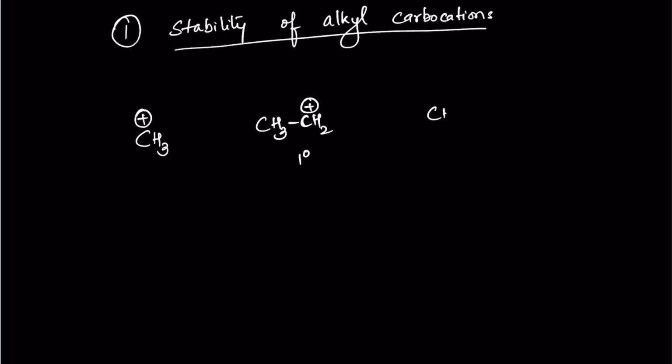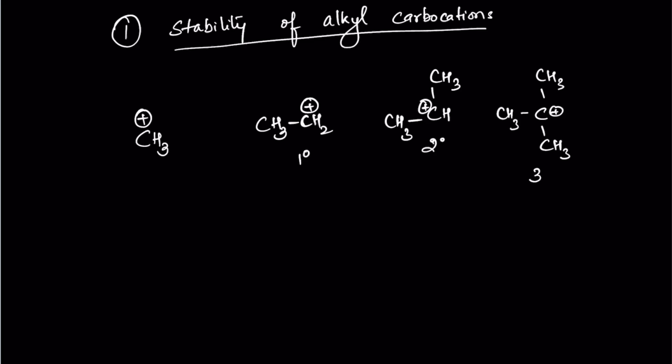Similarly, if we have CH3CH+, this is a 2-degree carbocation, and we also have CH3CH3CH3+. This is a 3-degree carbocation as this carbon is attached to 3 other carbon atoms.